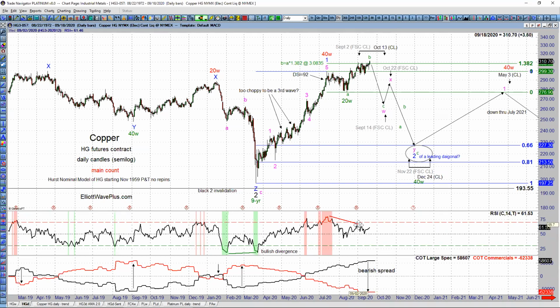We have a huge divergence on copper. This move to the upside looks awfully choppy to be a fifth wave. It would be almost impossible to count that as a fifth wave. So I'm calling that a corrective B wave, finished, and that it's going to move to the downside, generally work its way lower into late in the year next.